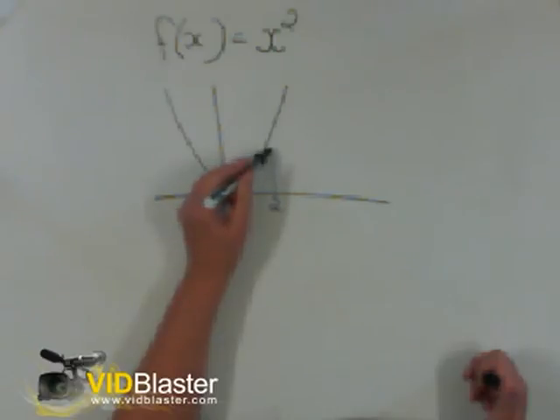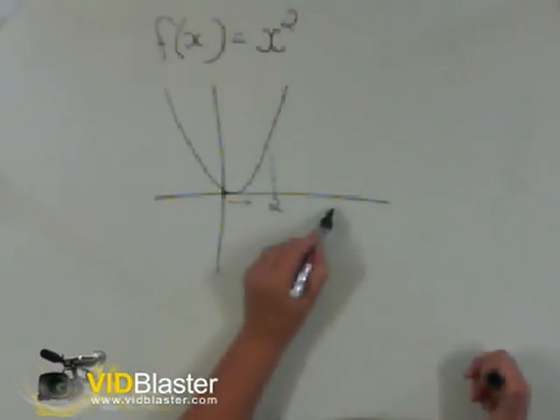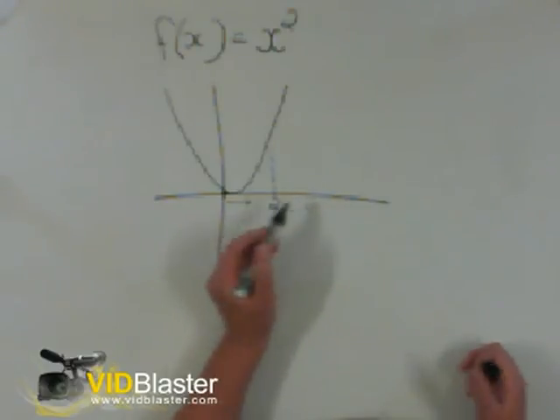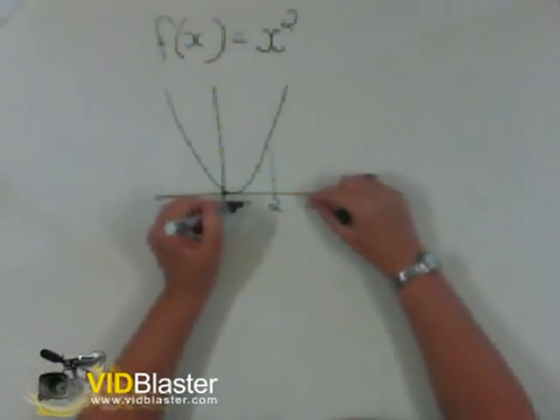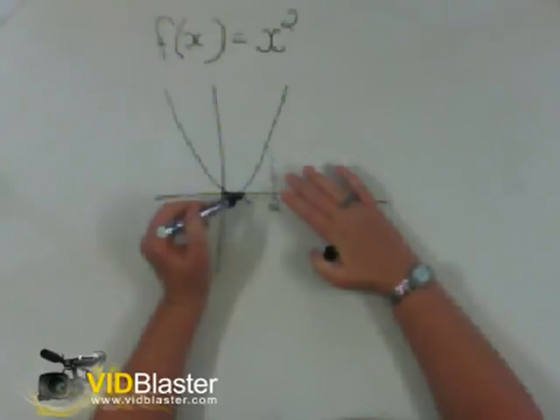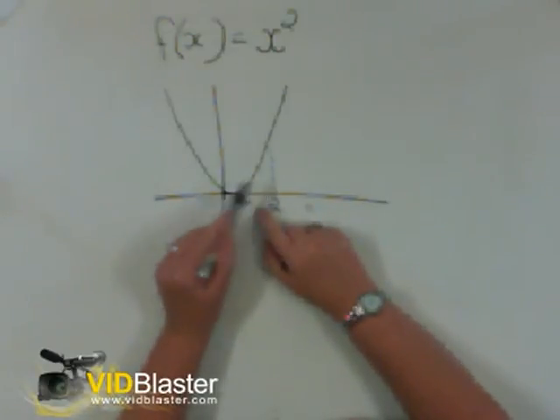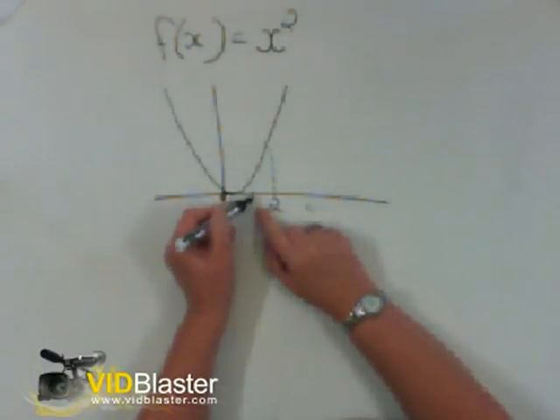But if we take values from the left of 2 and values from the right of 2, and you substitute those values into your function, you will see, and I've got a little table on my investigation that shows them, and I give them values to the left of 2. Those values would be 1, 1.5, 1.9.